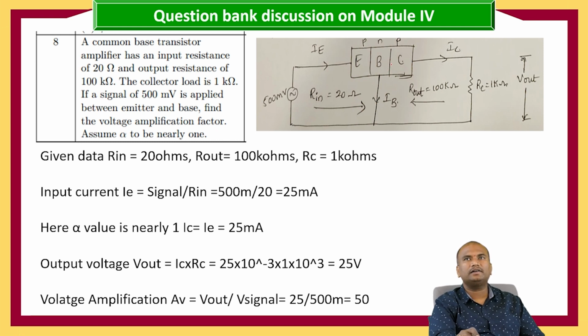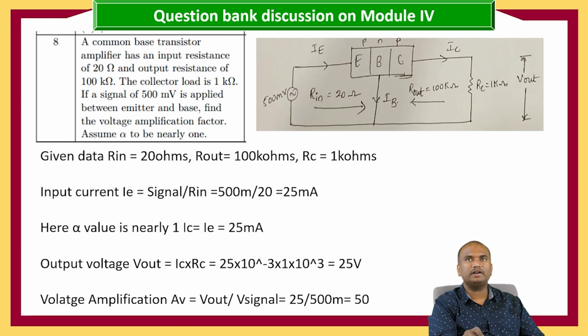Here, this is the input which we have given. This is the emitter, base, collector with PNP layers. Here the emitter is P layer, base is N layer, collector is P layer. And here this is the input signal which we are giving, that is 500 millivolts.